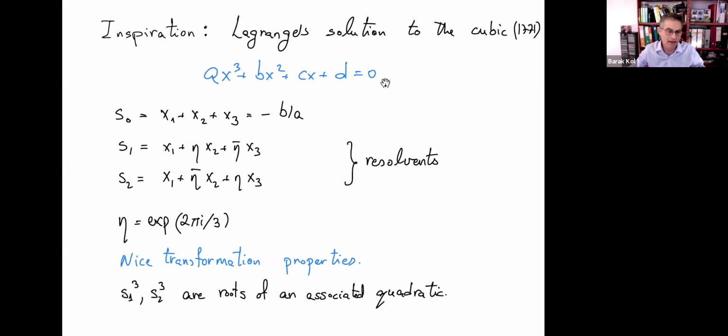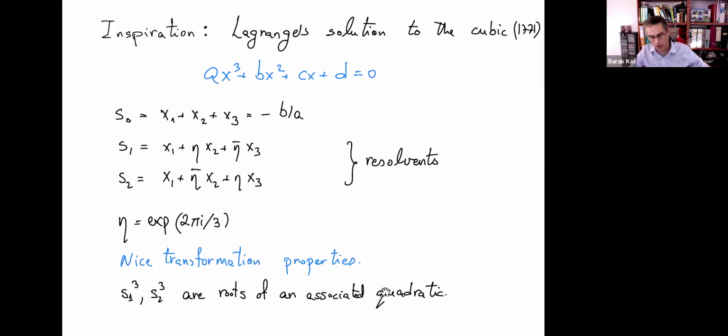The way Lagrange proceeded is, if x's are the roots, he denoted by S0 the sum of them. That's easily found in terms of the coefficients of the equation, minus b over a. But then he also considered these combinations, where eta is the cubic root of unity. So he considered this S1 and S2, and then he observes that S1 cubed and S2 cubed are roots of an associated quadratic equation.